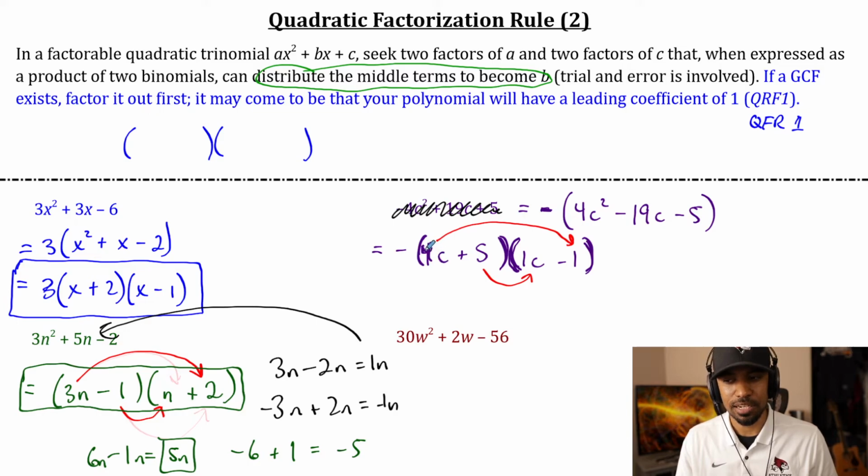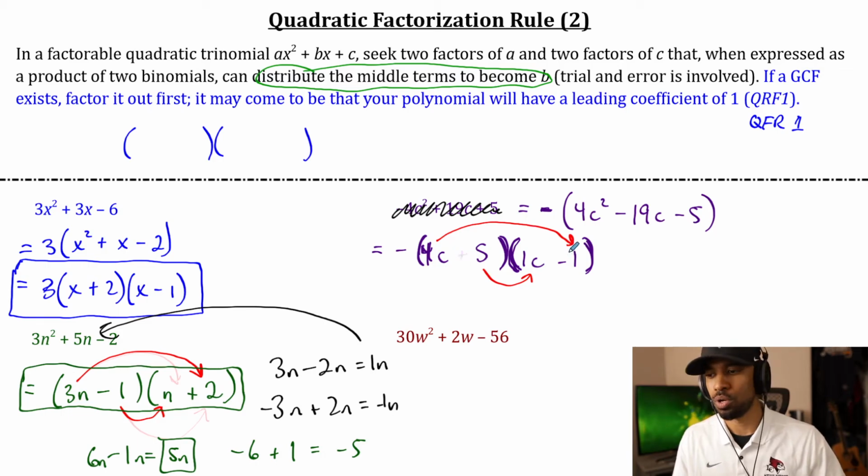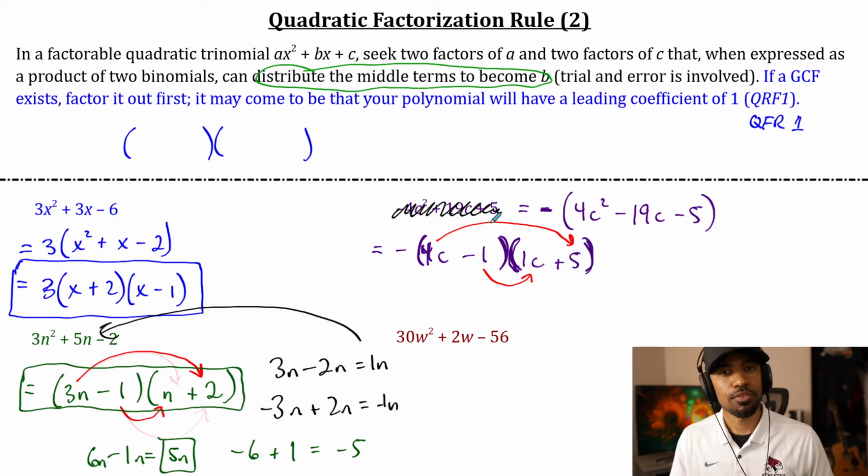I wasted the big number on the negative 1. There's no way these two things will climb up to make negative 19. I've got to put the 5 over on this guy over here. The 5 has to go over where it's going to multiply by 4. So what if I moved it right over here, plus 5 and minus 1? This feels a little more comfortable to get my negative 19.